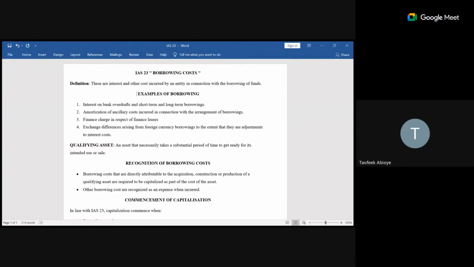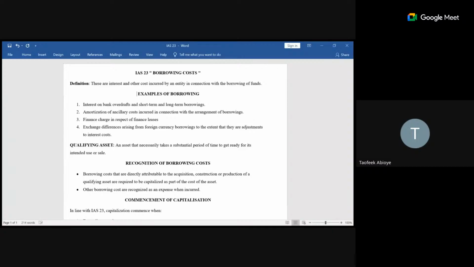If in this question we bought that machinery on 30th November, then on 1st of December, 1 month later, we had finished everything, we could say that is not a qualifying asset. But the definition says it necessarily takes a substantial period of time.